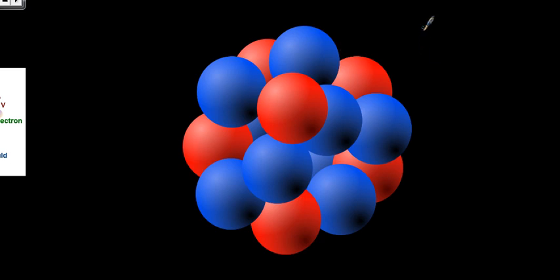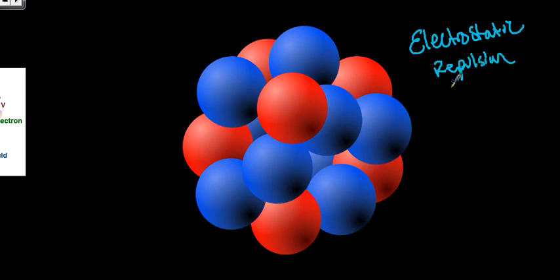And due to the electrostatic repulsion of the like charges of the protons, there needs to be something to overcome that in order to keep the nucleus together. And there's 2 things at play here. One is the neutrons.